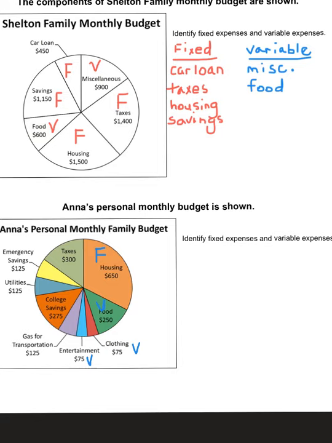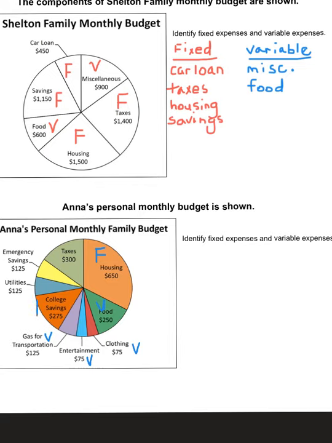Gas for transportation, well, usually in a month, we don't always go to the same place. So that means the amount of gas we would use each month is going to be different. So therefore, that's going to be a variable expense. College savings, well, anything that has to do with your savings is always going to be the same each time.